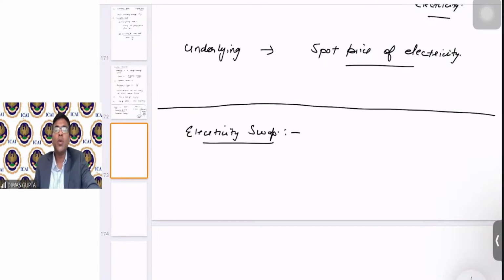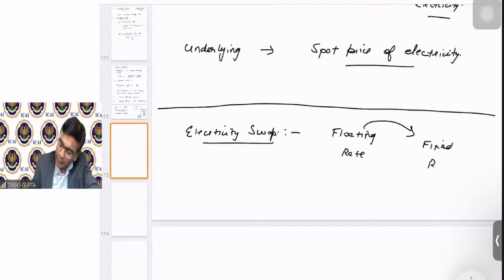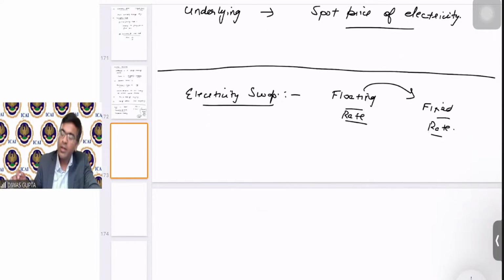Whenever we talk about swaps in this particular case for electricity, it will mean that whatever is the floating rate will be substituted by a fixed rate. This contract will convert the floating rate into a fixed rate.